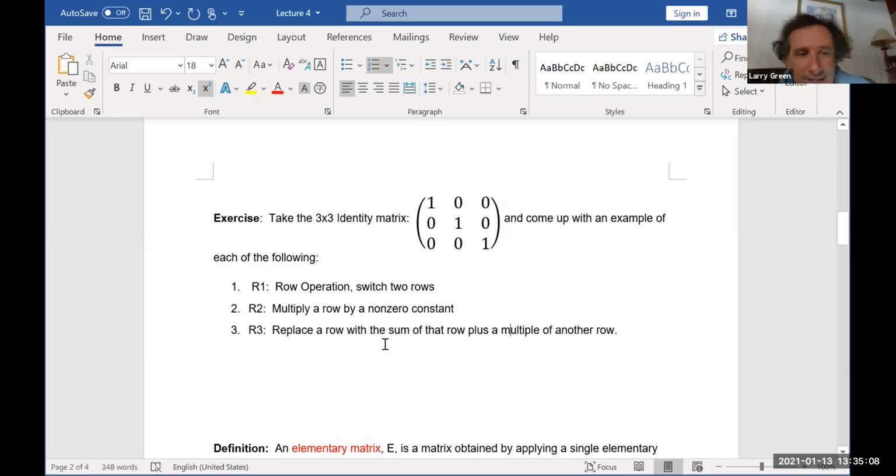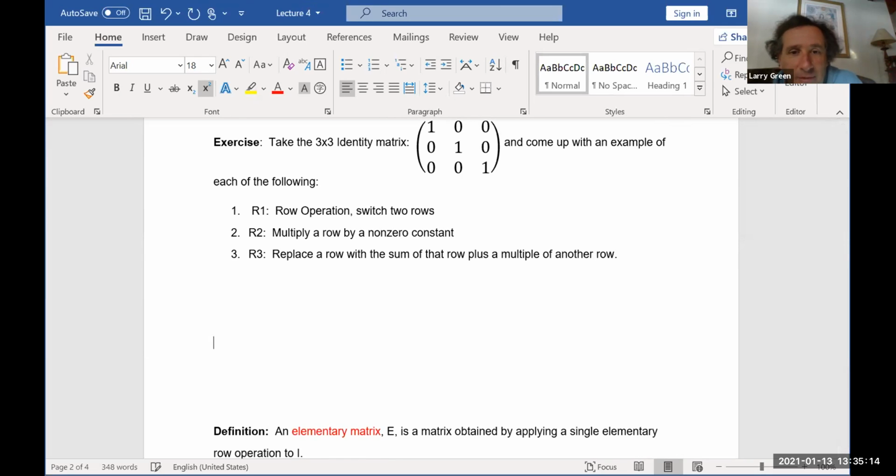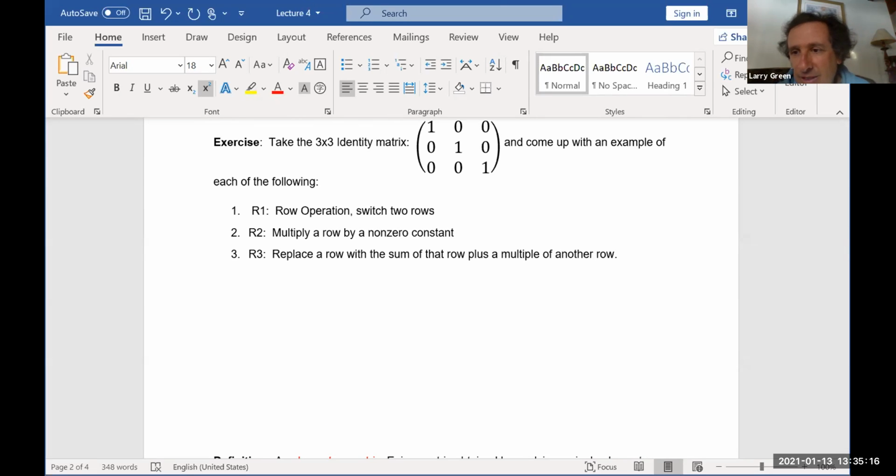And I want you to write down a matrix that is the identity with 1 row replaced by the sum of that row and a multiple of another row. And you should have 3 matrices. This is not a trick question, by the way. It's not supposed to be hard. And I want you to write it down on a piece of paper. We're going to use what you're writing. So don't do it in your head, because we're not done yet.